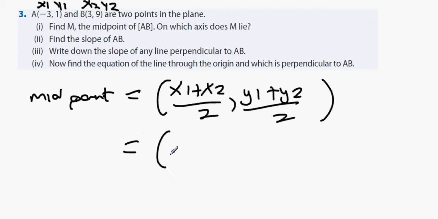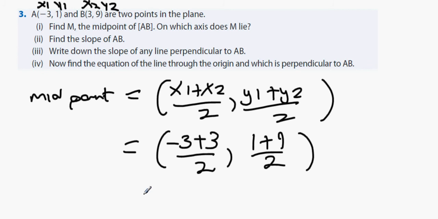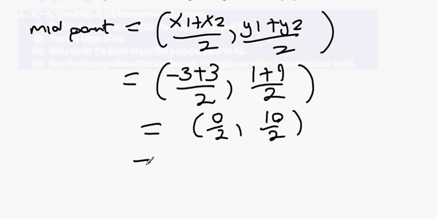And what we're going to get here is minus 3 plus 3 divided by 2. The next one is going to be 1 plus 9 divided by 2. This one turns out to be 0 over 2 plus 10 over 2. This is the point 0, 5.